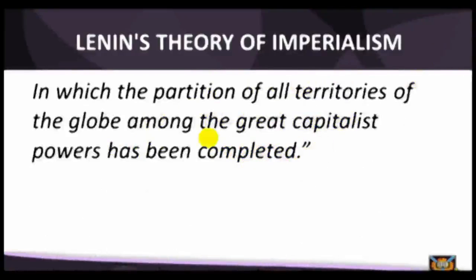Now you will agree with me that this main body of Lenin's theory is purely economic in character and obviously in content, but there is also a minor historical aspect to the theory.